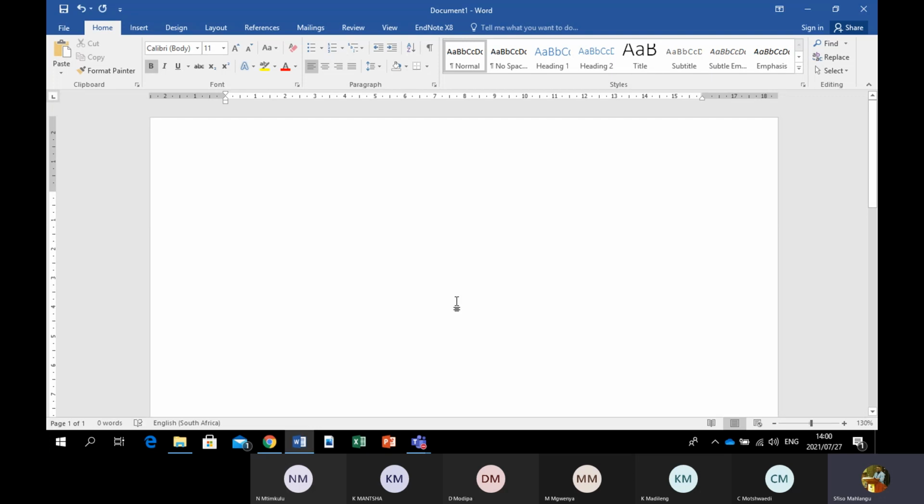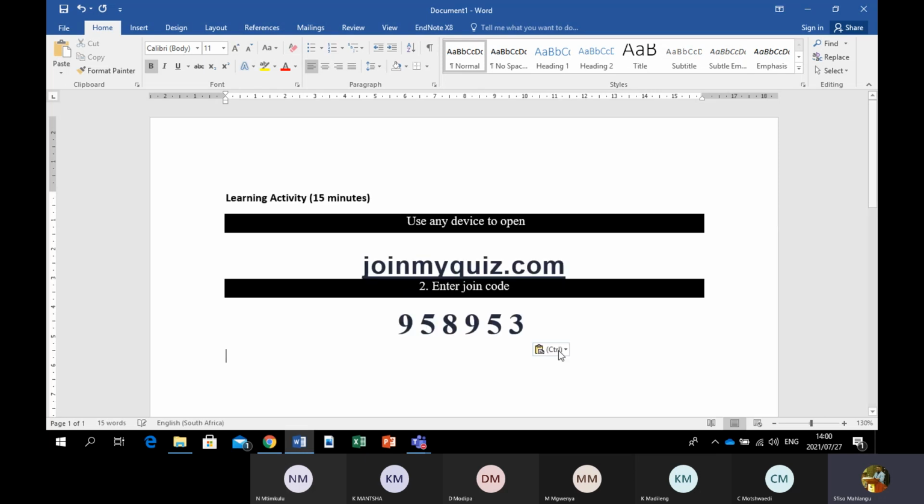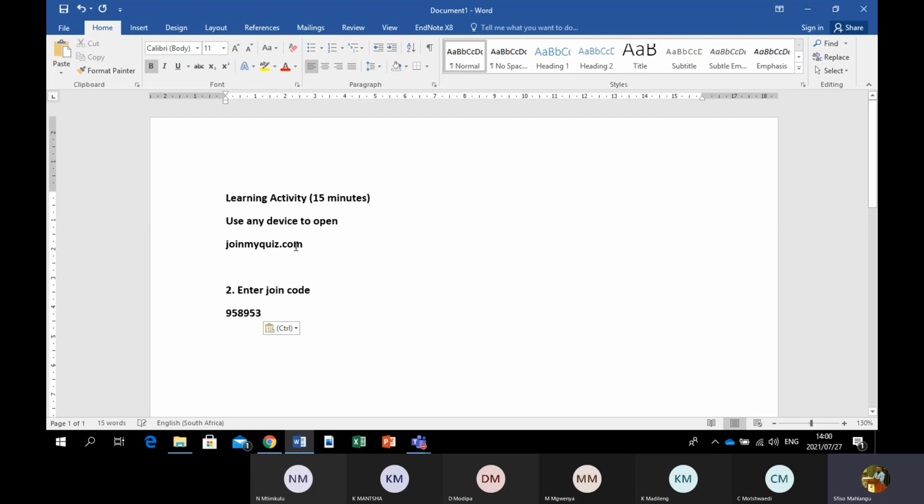So let me type the instructions here. Learning activity. Okay, those are the instructions, but are you familiar with this? So step 1.